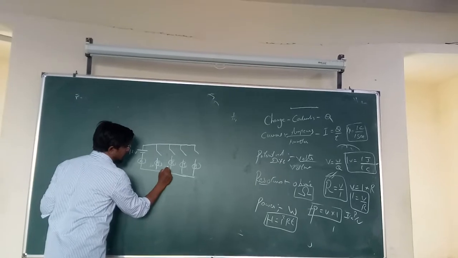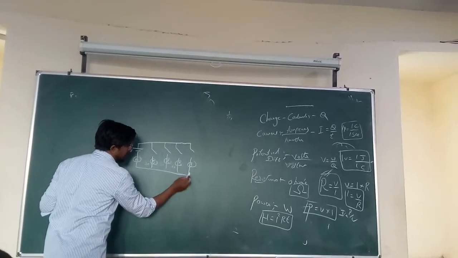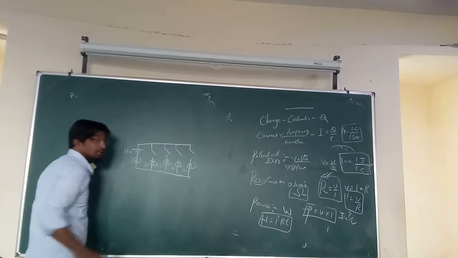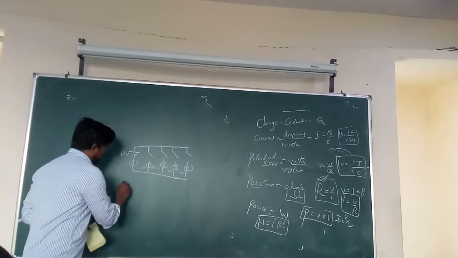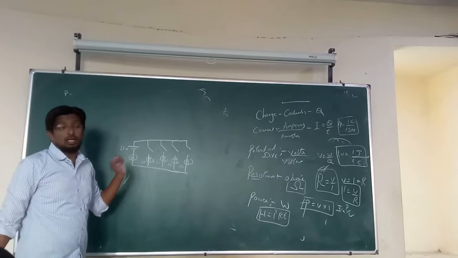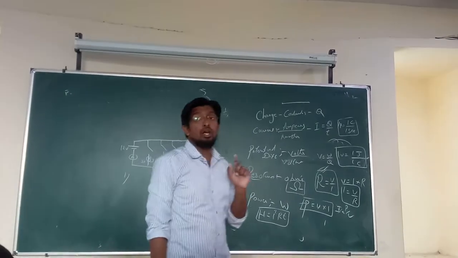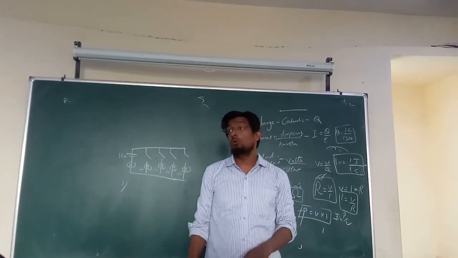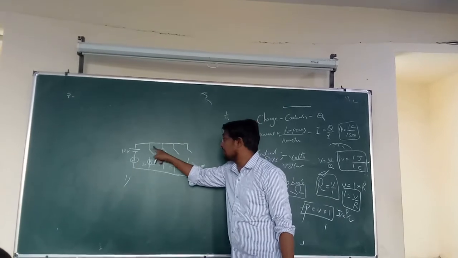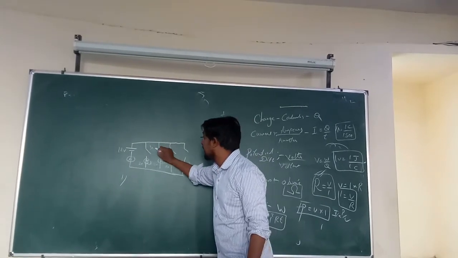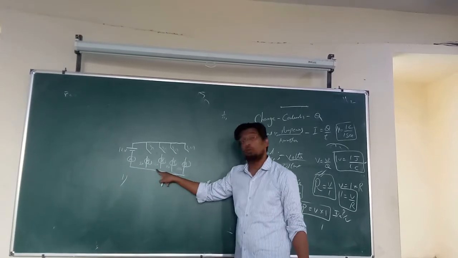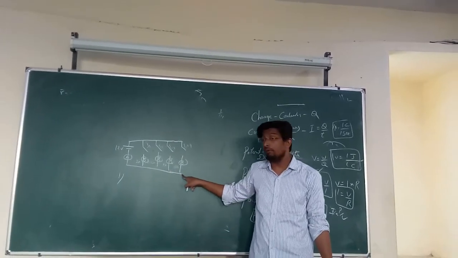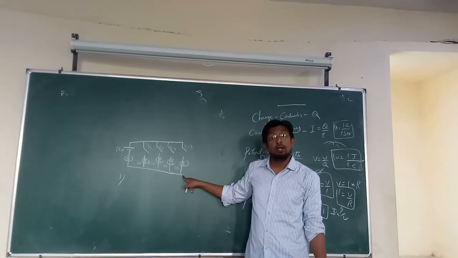This bulb is using 4 amperes, this 5 amperes, this 6 amperes. So this is an example of a case study. They will ask number 1: how are these bulbs connected, in series or parallel? See, the current is not the same, it's distributed. I1, I2, I3, I4 are 3, 4, 5, 6 amperes, different currents. It means they are in parallel.